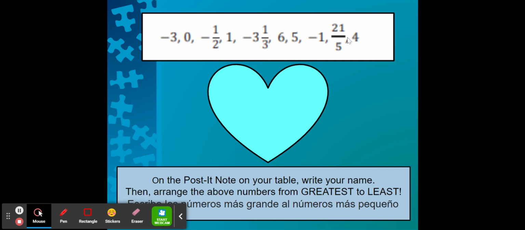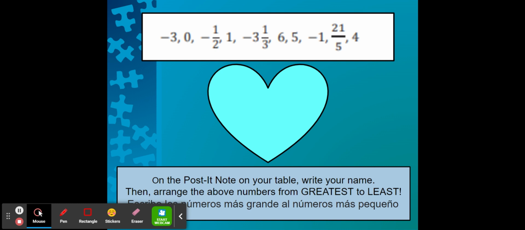So there are 10 numbers that I should see arranged from least to greatest. Then, on the other side of the post-it, order from greatest to least the same set of numbers. Put your name on the post-it and go hand it to the sub, and they will stack it up for me.